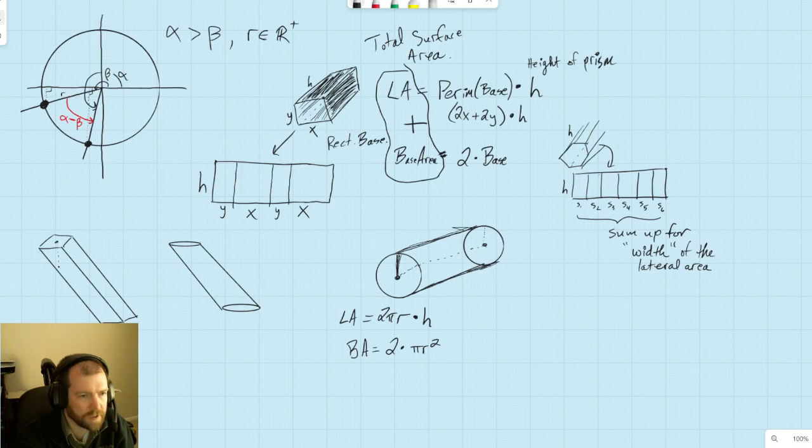Whenever you draw heights, you always draw straight down compared to our base or wherever. So our height here, h, is going to be the same as just a regular square prism going straight up and down. And then the area of the base is going to be the same because it's the same square.